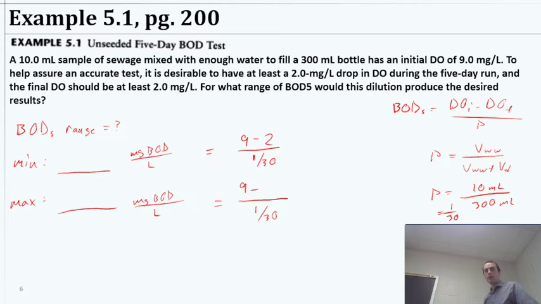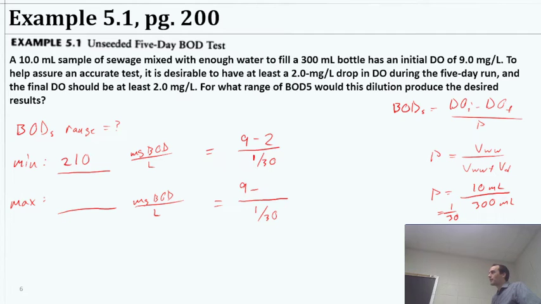Hopefully we had a better accuracy with our probe, but if that's what we're working with, that'll give us some answer there, which should be 7 on top, essentially times 30. So that should be what, 210? 210 milligrams per liter there for that one.